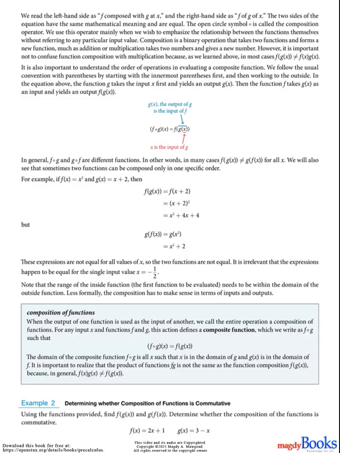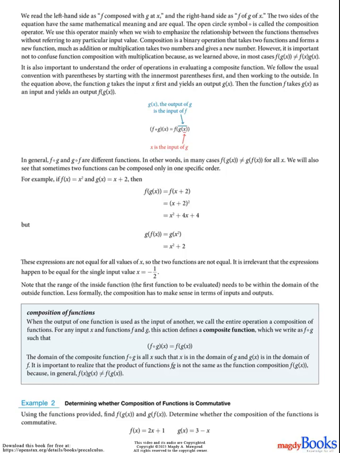In general, f composed with g, and g composed with f, are different functions. In other words, in many cases, f(g(x)) is not equal to g(f(x)) for all x. We will also see that sometimes two functions can be composed only in one specific order. For example, if f(x) = x² and g(x) = x + 2, then f(g(x)) = f(x + 2) = (x + 2)² = x² + 4x + 4.